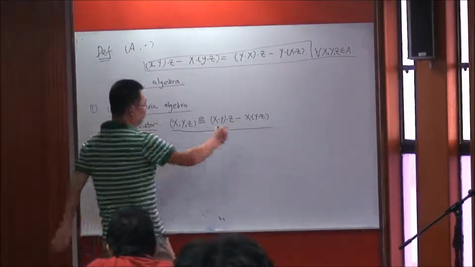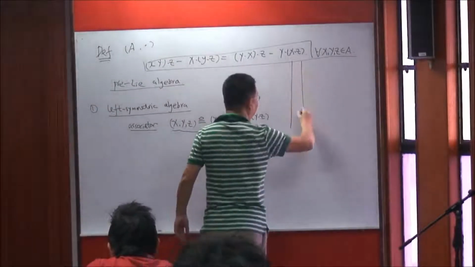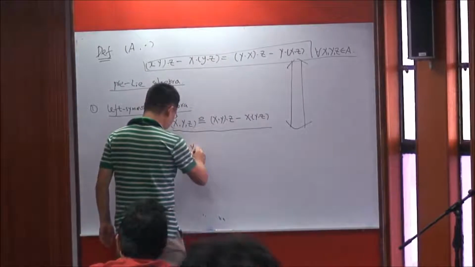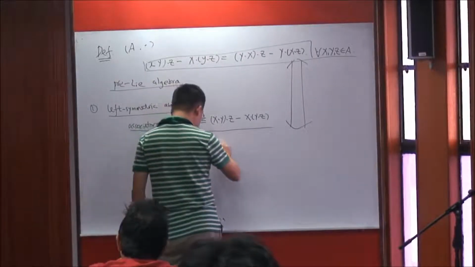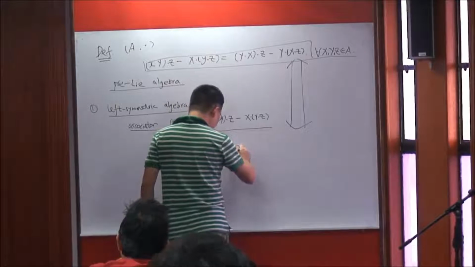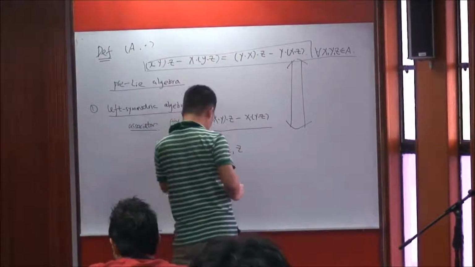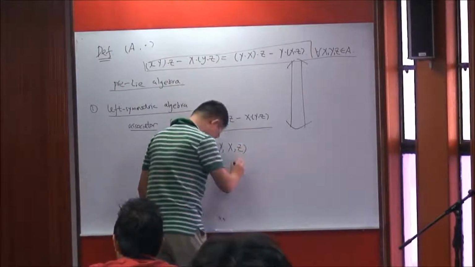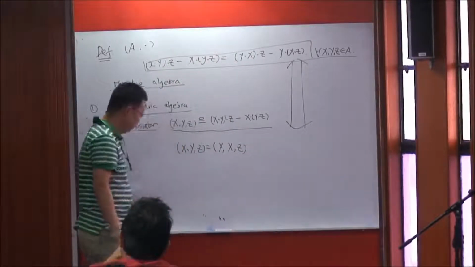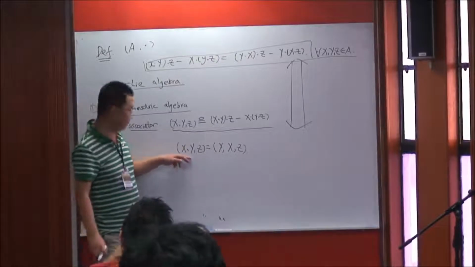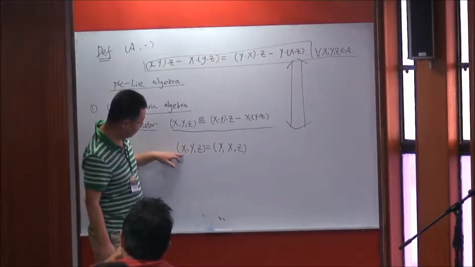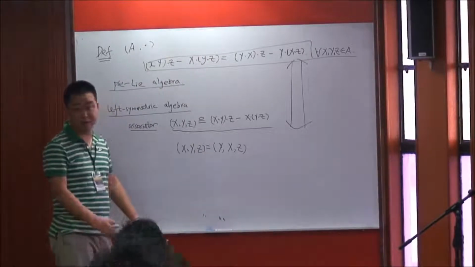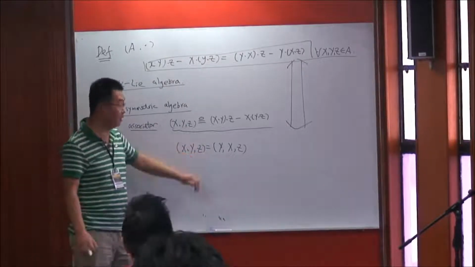But for this one, it's equivalent to this identity: the associator is left-symmetric, which means that if you exchange the first two variables, (x, y, z) equals (y, x, z).